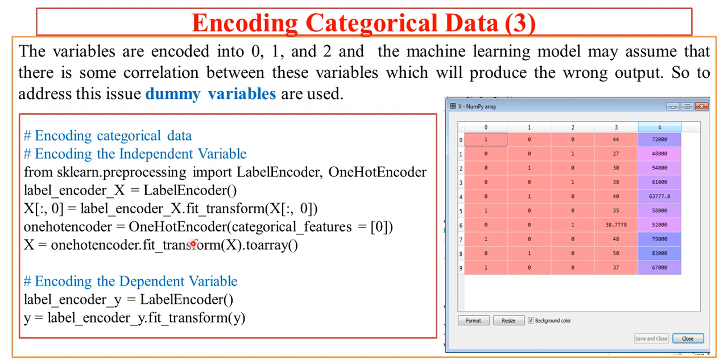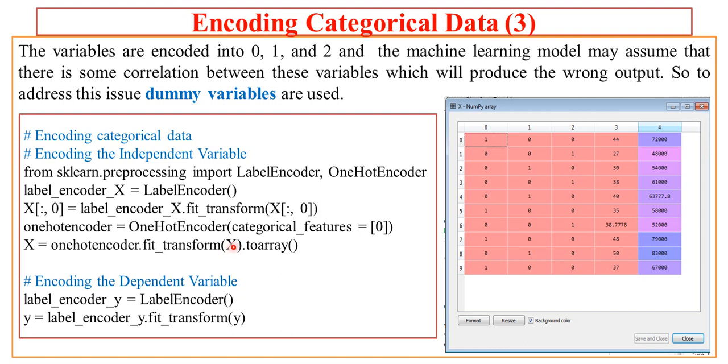Okay. So here this conversion is done by the one-hot encoder, but that is applied on the X, that is the independent part of the data set, using the fit_transform method. So we pass that independent vector to the fit_transform method of the one-hot encoder. Now what does it do?